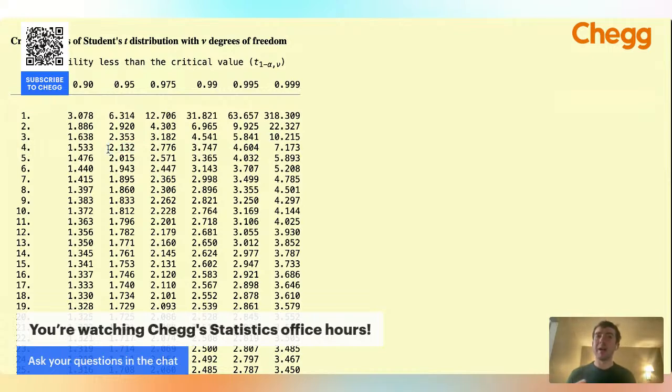So if you think about that, the probability that it's greater than that value is 0.05, very small. And so we're going to find a value such that the probability that our t statistic is less than or equal to that value is 0.95.